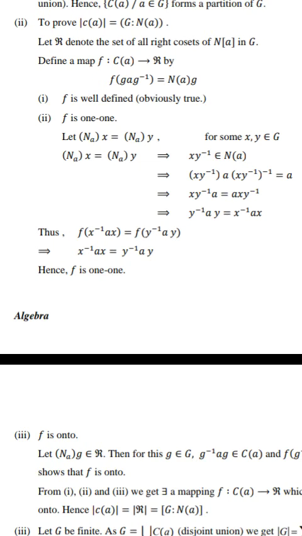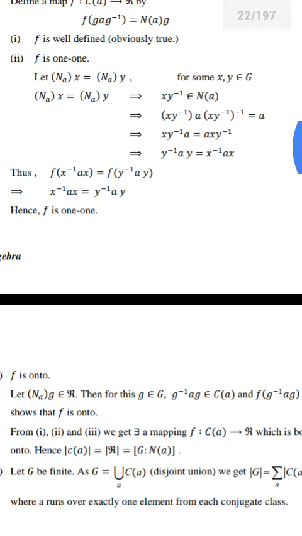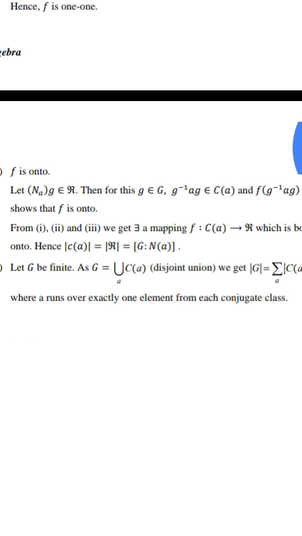Then x y inverse belongs to N(a). Therefore, x y inverse a is equal to a x y inverse. Therefore, y inverse a y is equal to x inverse a x. Therefore, f of x inverse a x is equal to f of y inverse a y, so x inverse a x is equal to y inverse a y. Therefore, f is one-one. Now we have to prove that f is onto.